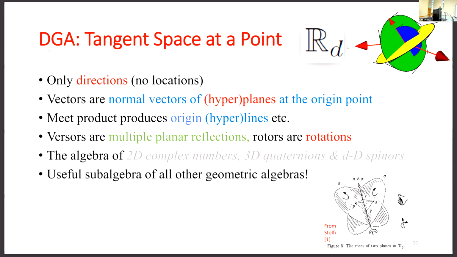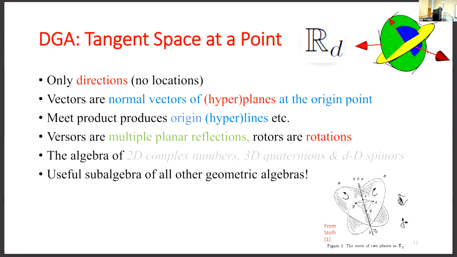And the only versors I will have rotate these normal vectors in an arbitrary direction. I can intersect these planes by taking the wedge product of the normal vectors, and then I get a line through the origin. So all I get here is things that rotate around a fixed point. The versors are multiple planar reflections, and they are rotations.